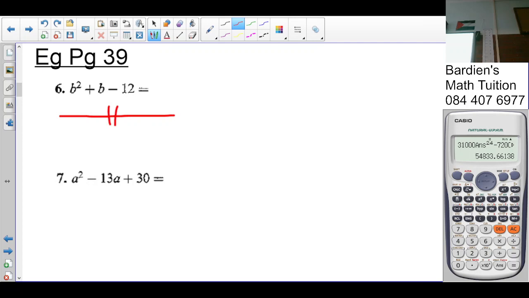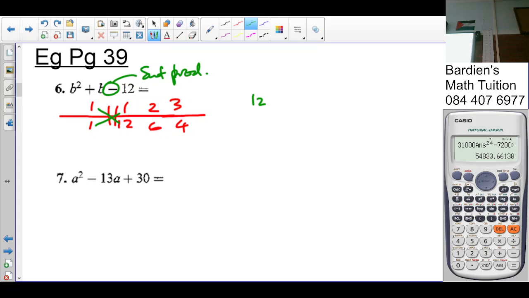What goes on the line? 1 and 12. 3 and 4. Do we add or subtract the products? Last term is positive, so subtract products. So 1 times 12 is?